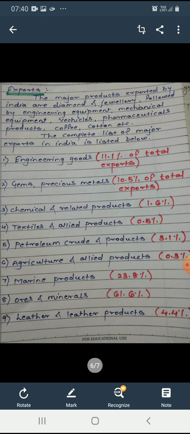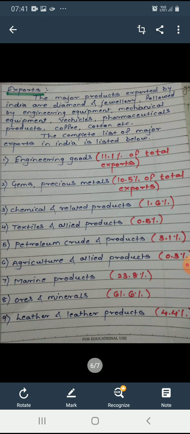Now turn to see India's exports. The major products exported by India are diamonds and jewelry, followed by engineering equipment, mechanical equipment, vehicles, pharmaceutical products, coffee, cotton, etc. The complete list of major exports of India is listed below.